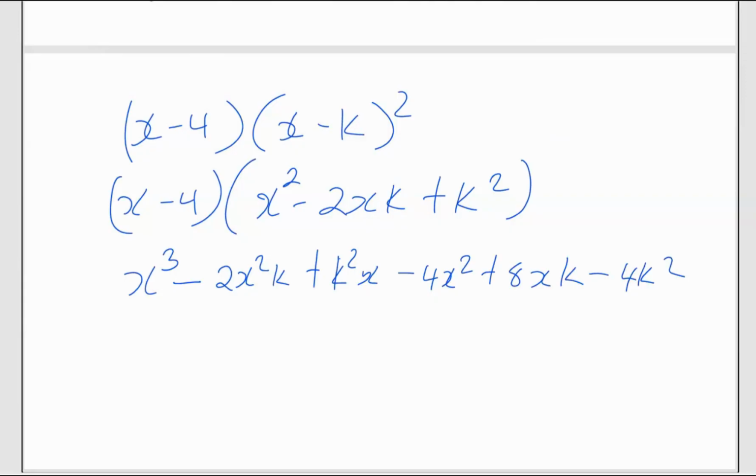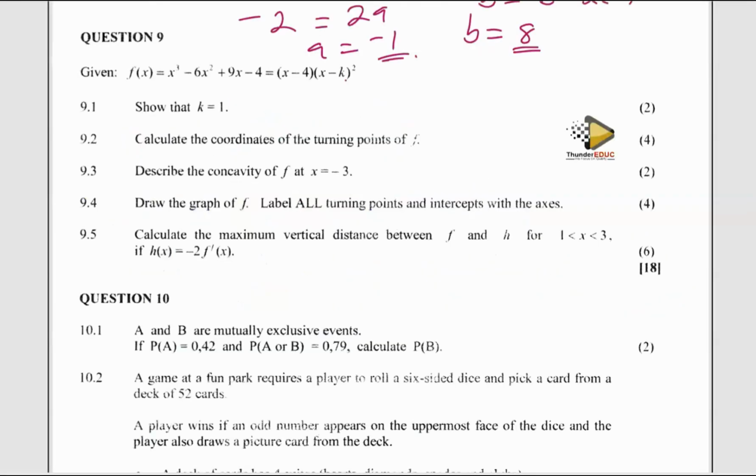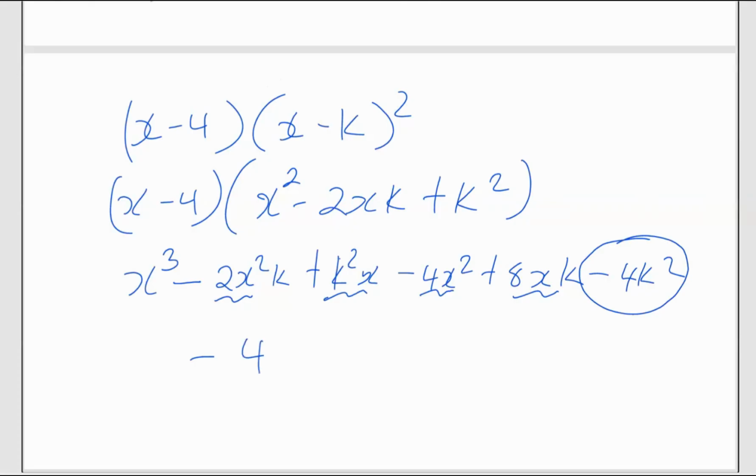Then I can collect the like terms, whereby I'm interested in the x's. So this and this will be together, this and this will be together, and then this one will represent the constants, and in this case our constant is negative 4. So I would say negative 4 is the same as negative 4k squared.